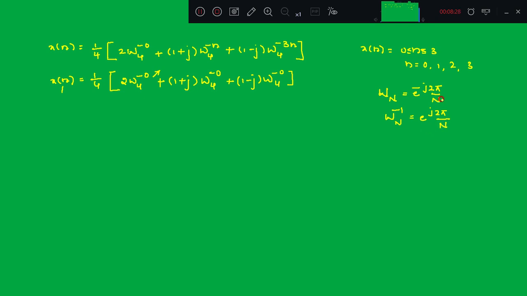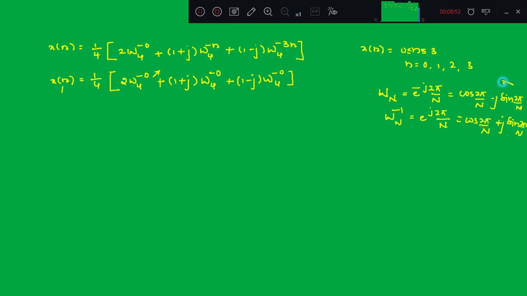If you see both of these, this one can be written as cos 2 pi divided by n minus j sin 2 pi divided by n, and this one can be written as cos 2 pi divided by n plus j sin 2 pi divided by n.